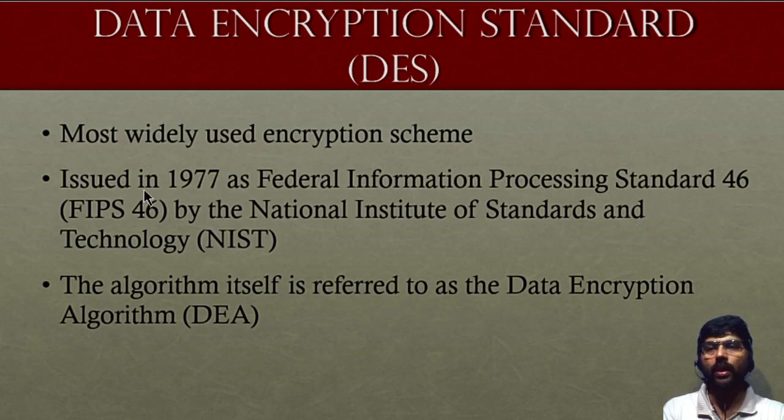This scheme was actually issued in 1977 as Federal Information Processing Standard 46 by the National Institute of Standards and Technology, that is called NIST. The algorithm itself is referred to as the Data Encryption Algorithm, that is DEA.